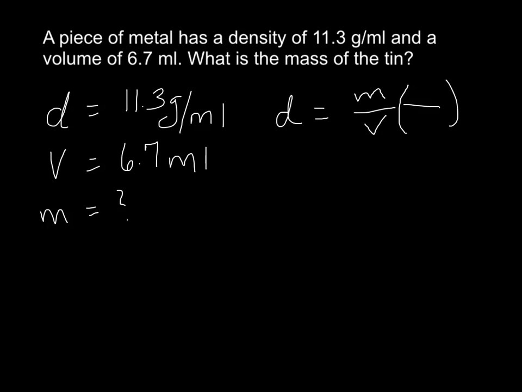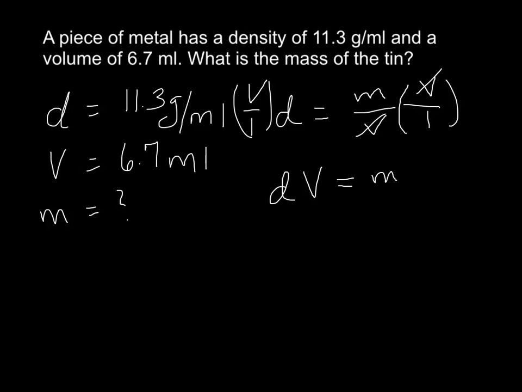So how do we get rid of the volume? We have to multiply both sides by the volume, by V over 1. That makes the volume cancel. So density times volume equals the mass.